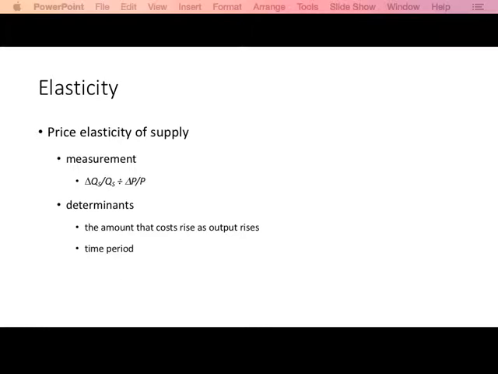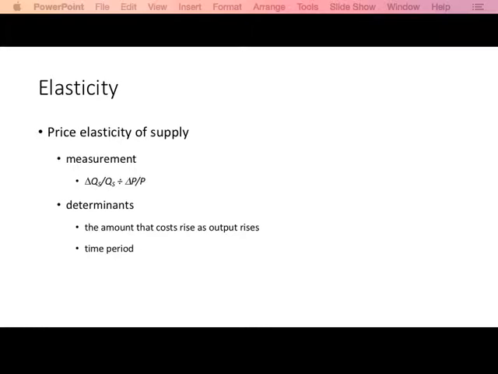What determines it? Now, at this point, I want to ask you a quick question. What were the determinants of demand elasticity? Price elasticity of demand, sorry. What determines the price elasticity of demand? You can look at your notes if you cannot remember.